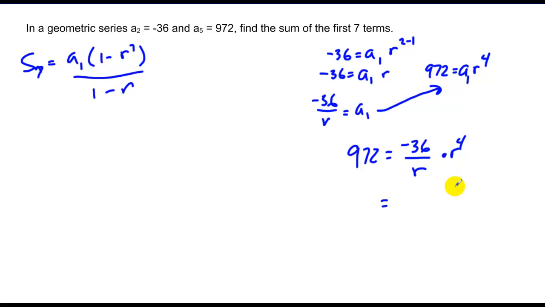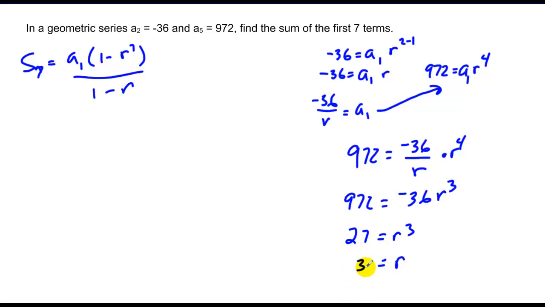Well, if that's the case, R and R to the 4th reduce to R to the 3rd. So I have -36 R cubed is equal to 972. Go ahead and divide 972 by 36. That gets me a nice clean 27, which is R cubed, so R is equal to 3.